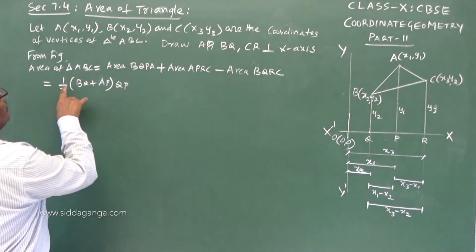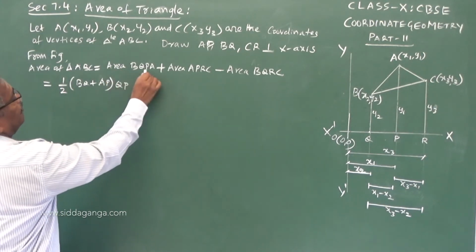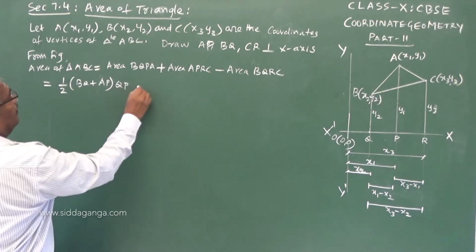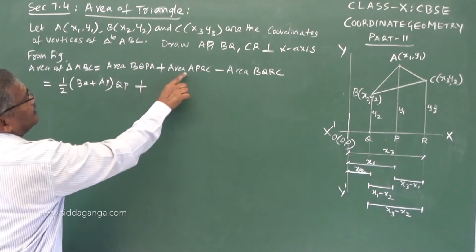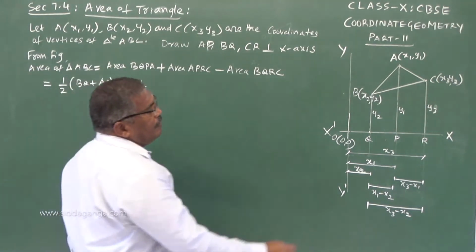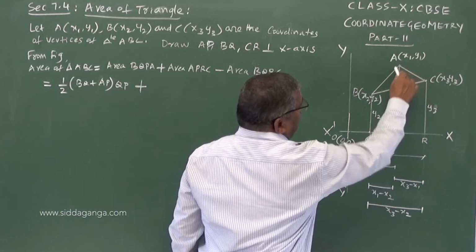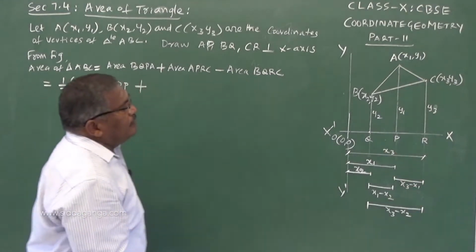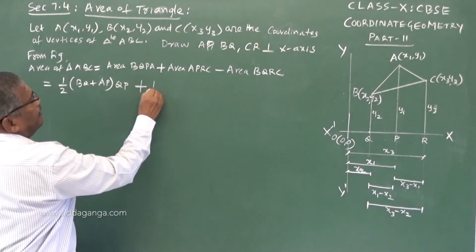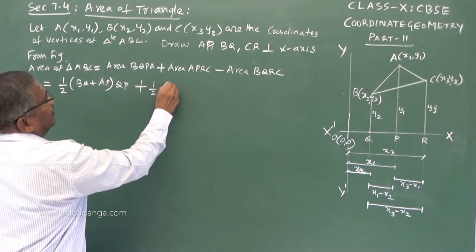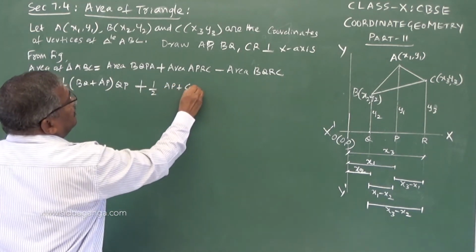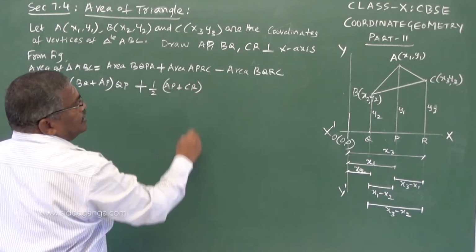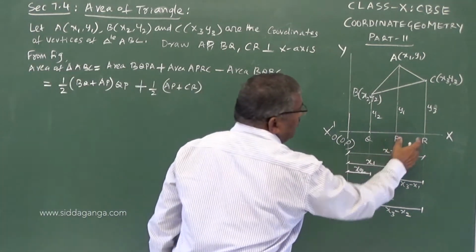This is the first one, area of BQPA, plus the second one, area of APRC: half of AP plus CR into the distance between those two, which is PR.